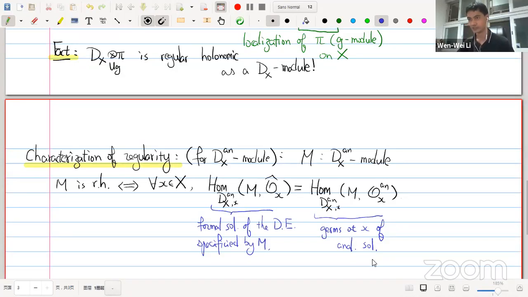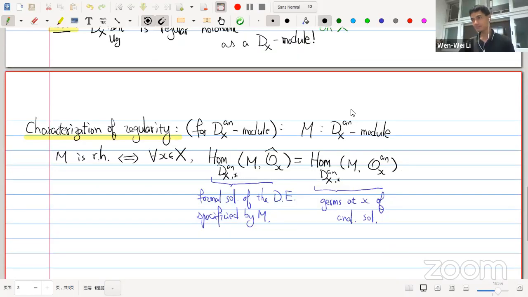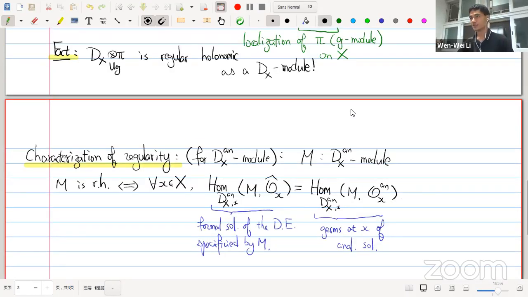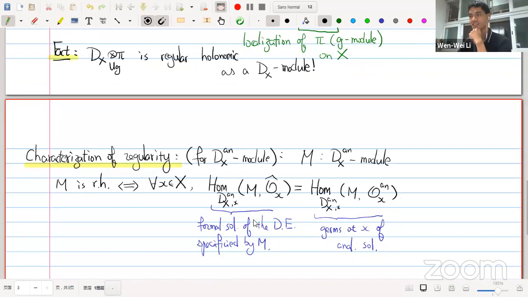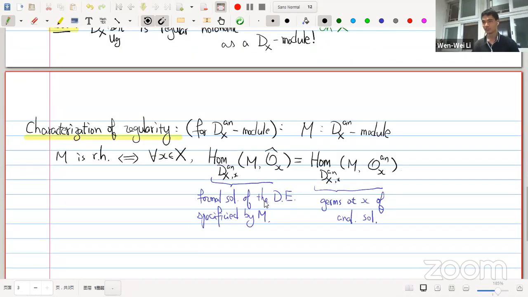This is a criterion of regularity. So now we can go further. Let's go back to the original isomorphisms.